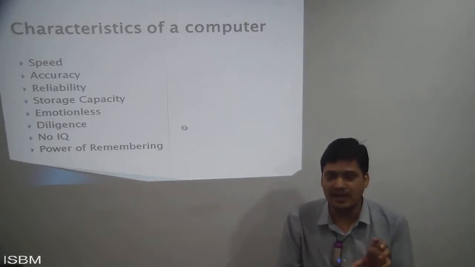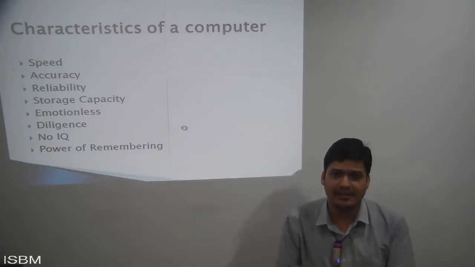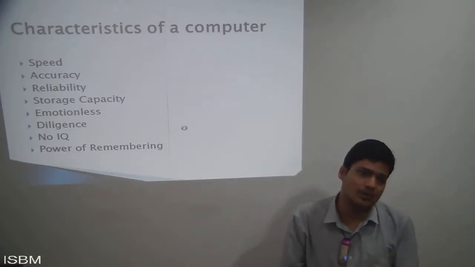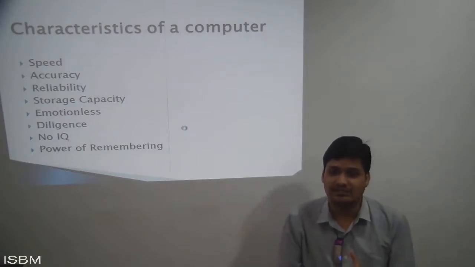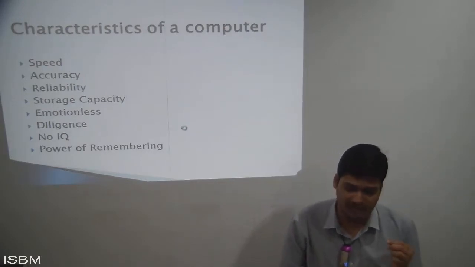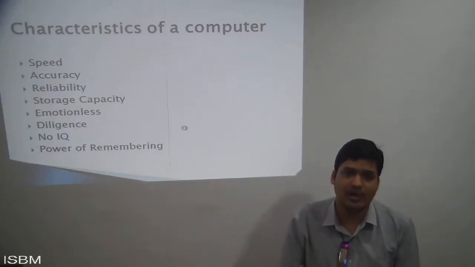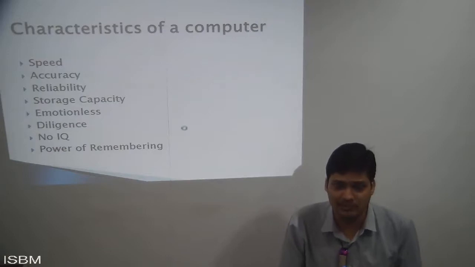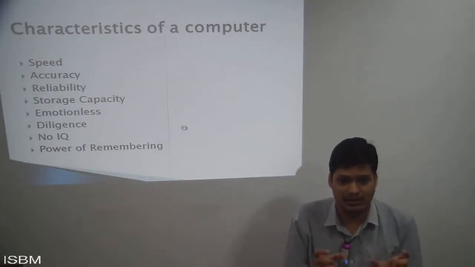It will calculate every calculation in nanoseconds. A nanosecond is 1/10⁹ of a second. It's a very, very small time which we can't really comprehend. So the computer does a single character, or a multiplication, or all those things in that time.